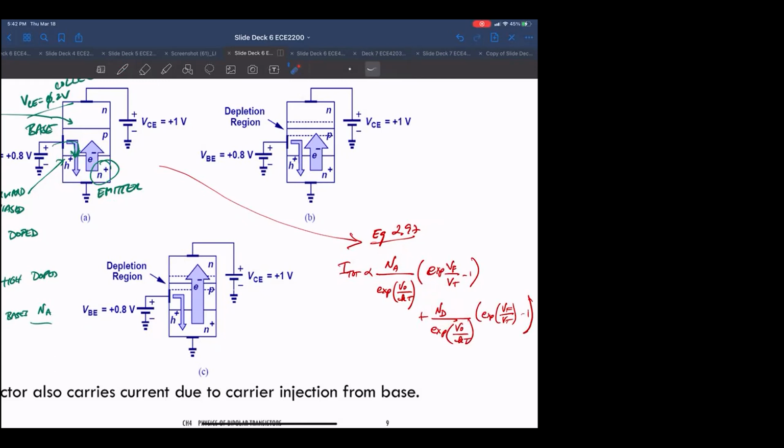By doping, this is what the people in the factory have done. This is N sub D, this is N sub A. They have made N sub D much, much larger than N sub A to make sure that this electron current is much bigger than this current in the base.